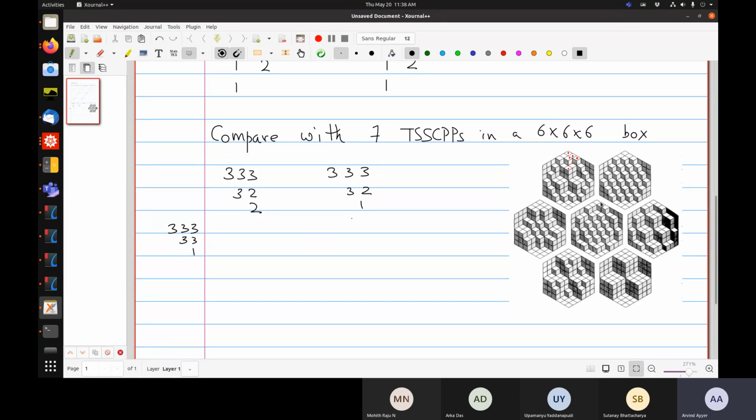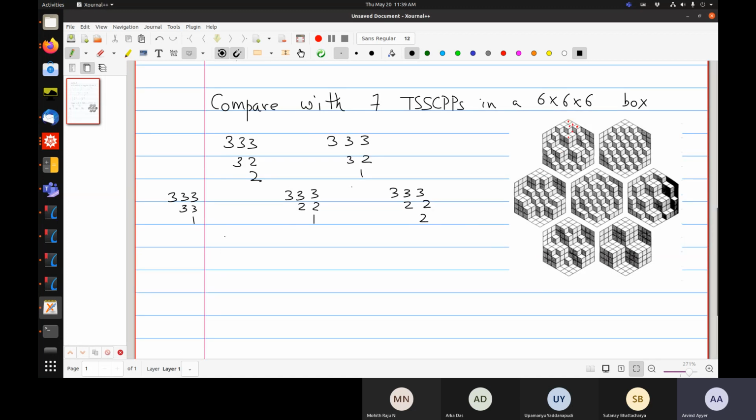And here I have 3, 3, 3, 2, 2, 1, and here I have 3, 3, 3, 2, 2, 2, and here it's 3, 3, 3, 3, 3, 2. This is not the same as this. Notice this difference. And the last one is all threes.